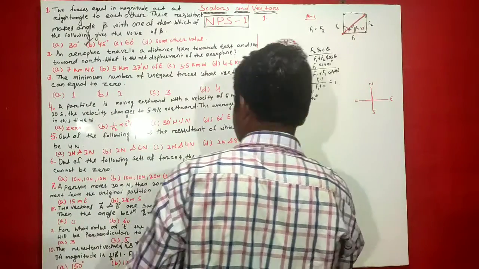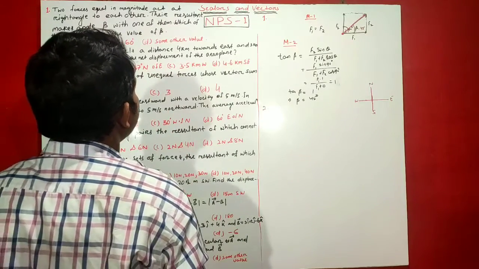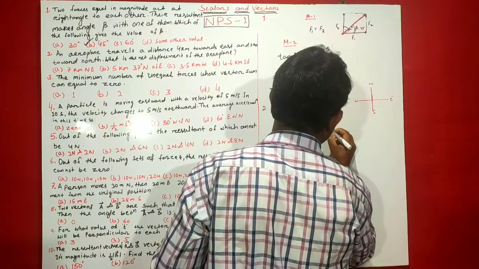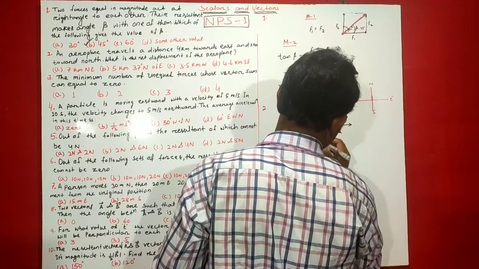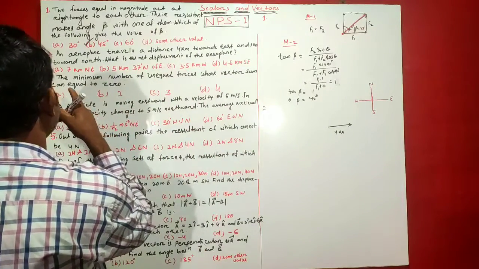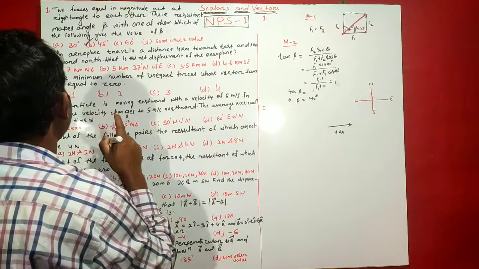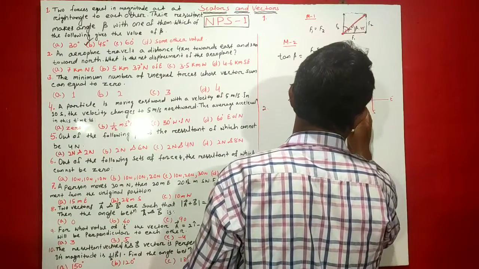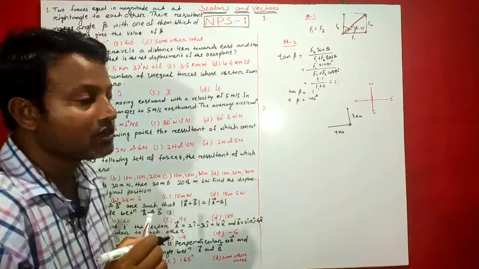According to the question, an aeroplane travels a distance 4 km towards east, and then it travels 3 km towards north.